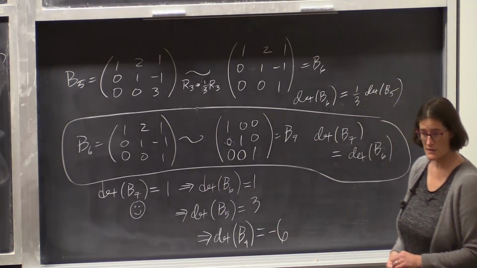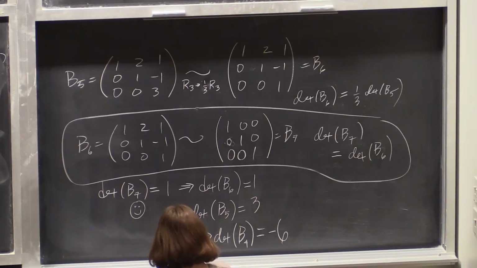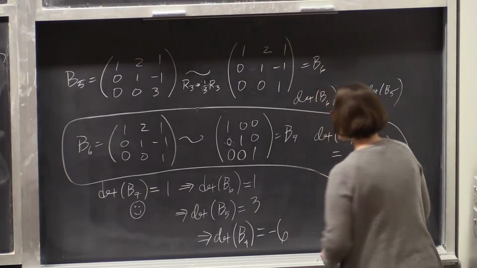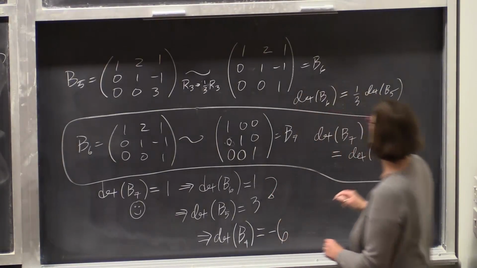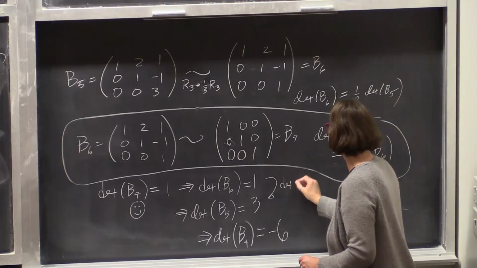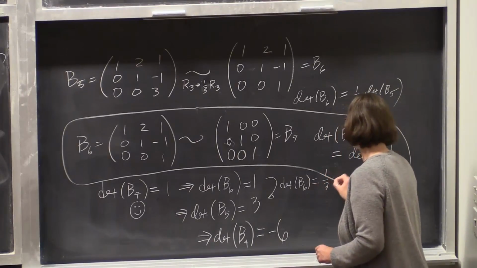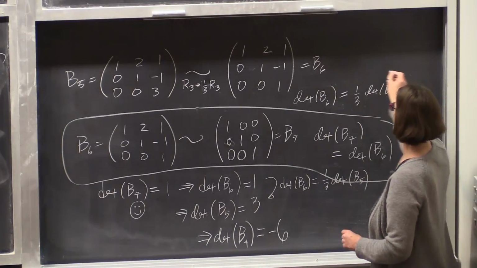Are there other questions? Yes? Can you just repeat where you get 3 and -6 again? OK, so the question was this and this. From this one, I'm going to use the fact I have that determinant B6 is equal to 1/3 of determinant B5. That was this one right here.